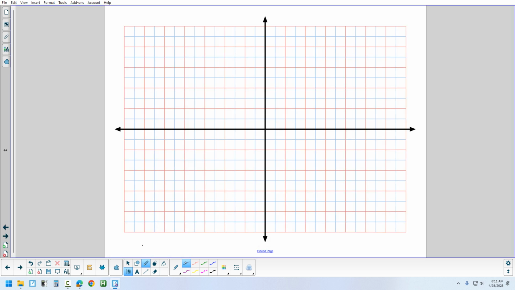Let's say we had this point. Let's call that point A. I want to do 2 things to it. I want to shift up 3. That'll be the first one. And then I want to reflect over the y-axis.